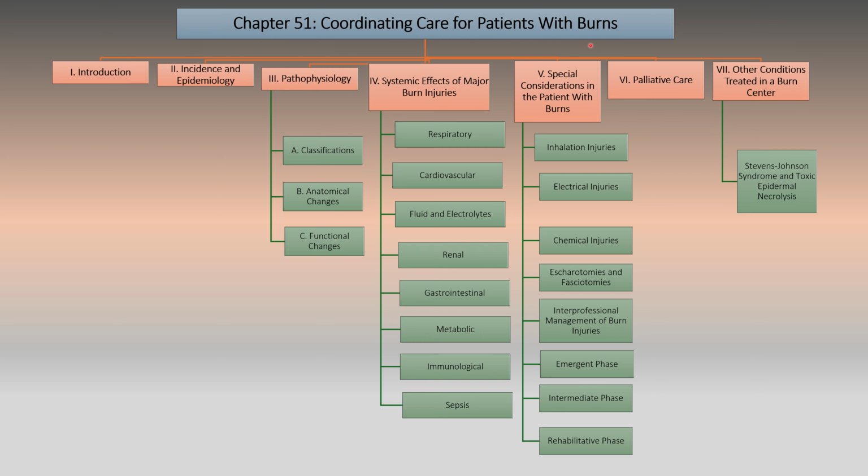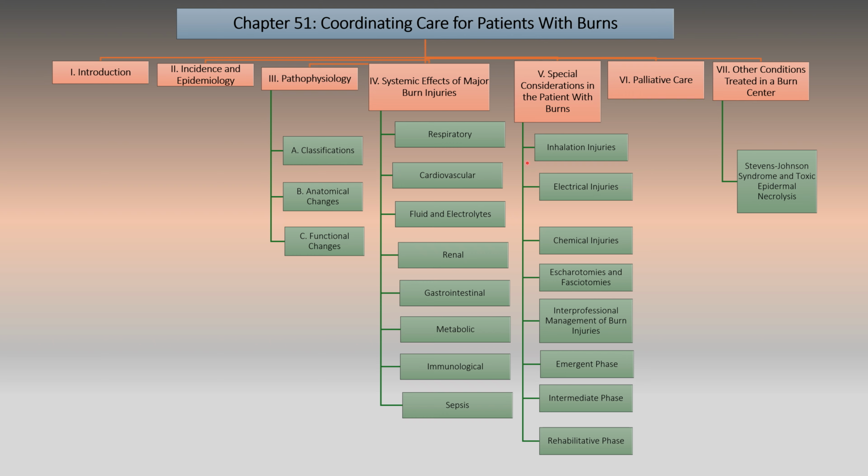We move to 5 special considerations in patients with burns. It is a crucial section that details the life-threatening pathological changes that occur when a burn exceeds 20% of TBSA.